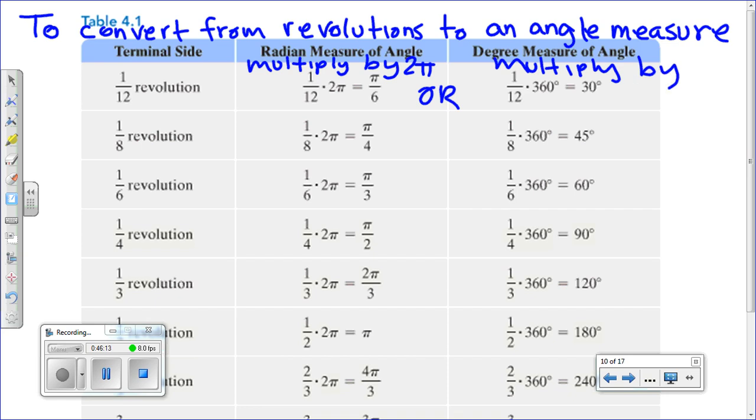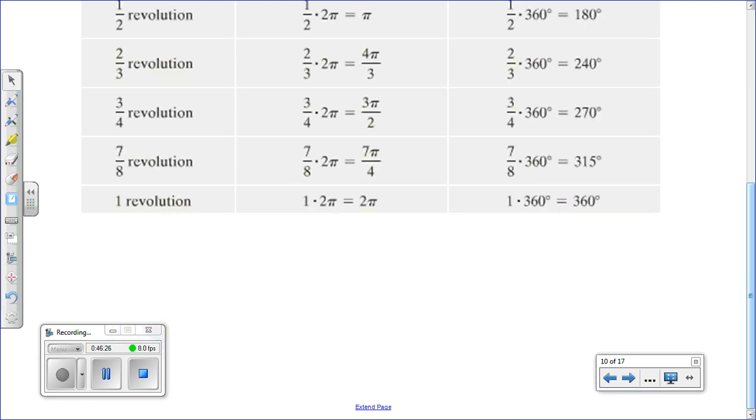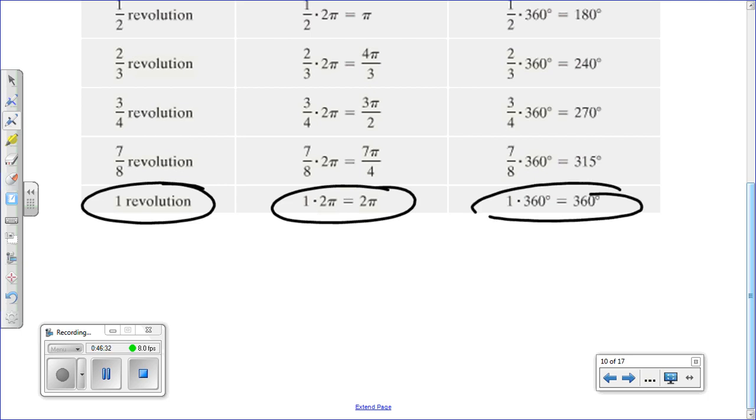What's the equivalent of 2 pi in degrees? A full circle is 360. And so that's what we were doing earlier. What we didn't do, but we saw some examples. So one full turn of a circle is 1 revolution, and that is equivalent to 2 pi or 360.